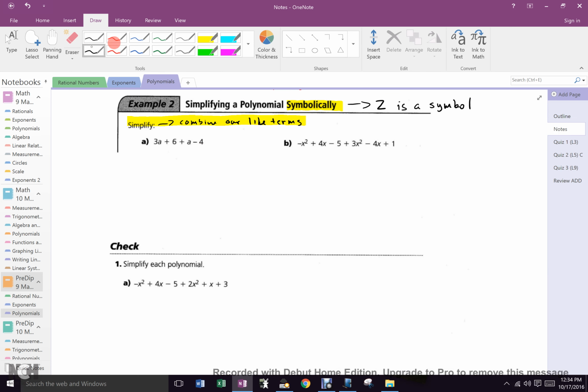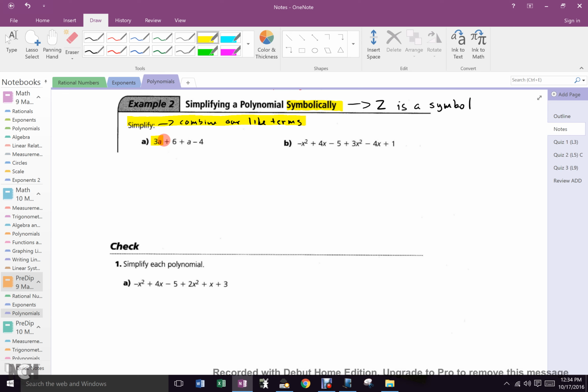So I'm going to look at this. And since I am working symbolically, I am only going to look at the symbols. And I am going to use colors to help me. The first kind of symbol I see is an A with a degree of 1, yes? Which means if there are any other A's with a degree of 1, they can be combined.